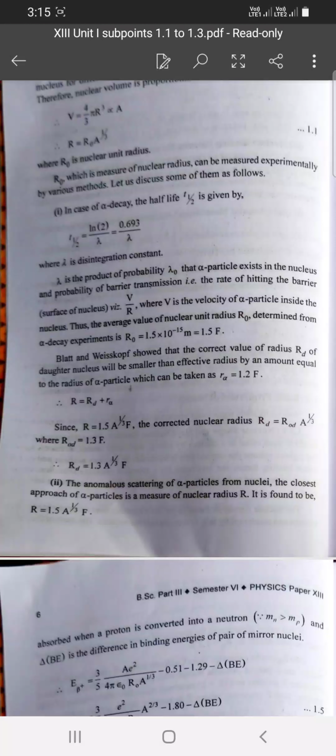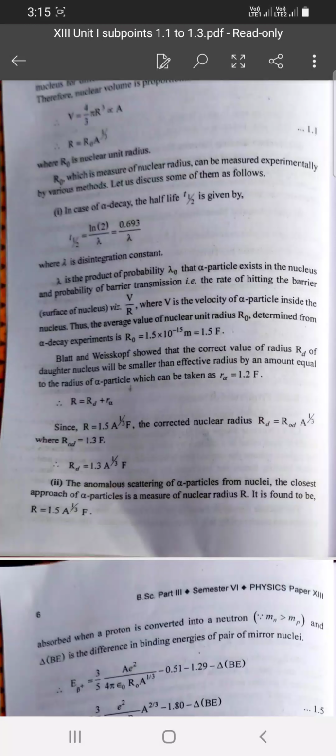R naught can be estimated from Coulomb's law, the energy of mirror nuclei. Mirror nuclei are a pair of unstable nuclei with the same A value, but one nucleus contains Z protons and Z plus 1 neutrons, while the other contains Z plus 1 protons and Z neutrons, that is vice versa.